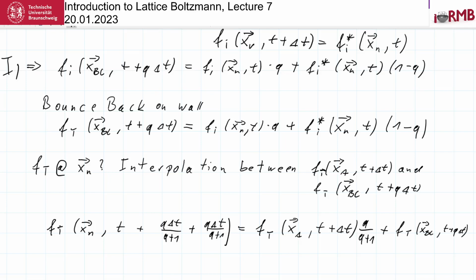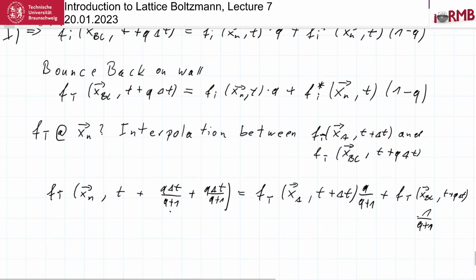So the time is of course here the interpolation between the times here, and you see, for one it is delta t q divided by q plus 1, and the other one is t plus q delta t times 1 over q plus 1. This is also q, this is also the same thing.